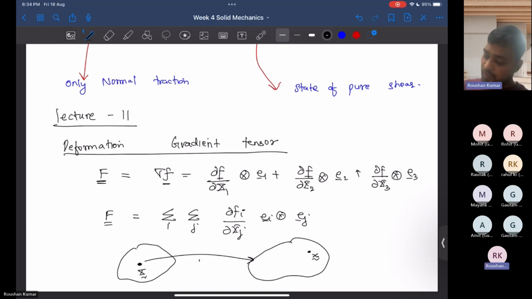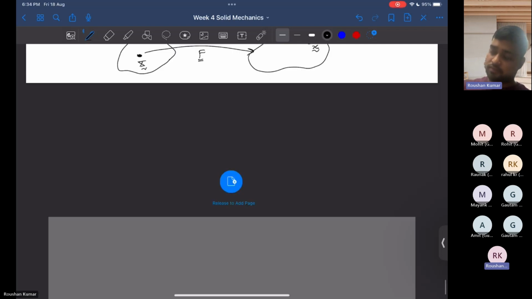If we want to know how this point moves from this position to the current, deformed position, I have denoted the deformed position by small x and the undeformed position of that material point by big X. So it basically maps the two states, the deformed and the undeformed state.